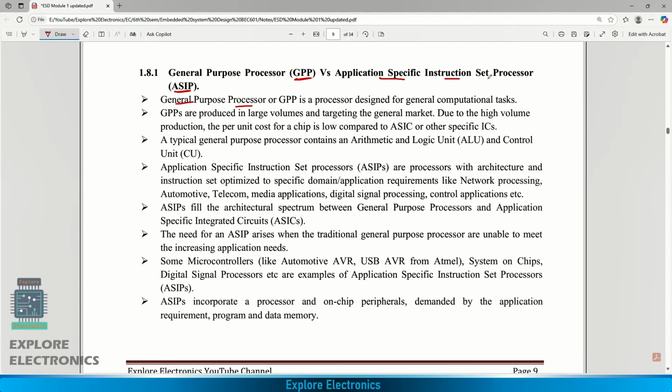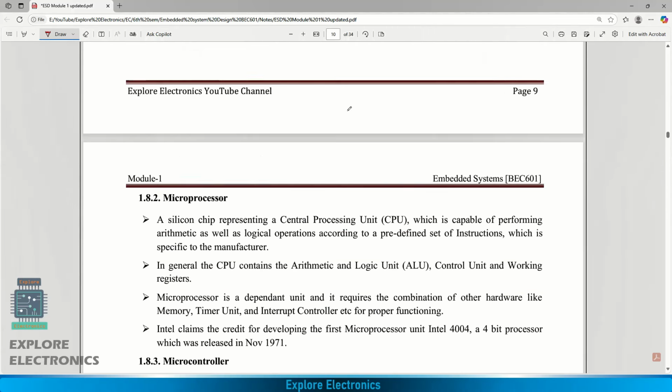Application specific, in the sense at the time of manufacturing that processor will be dedicated to certain functionality, that cannot be reprogrammed. Suppose we take the internet, so the network processing unit, router, all those are application specific. They can't be reprogrammed to do some other functionality. Some microcontrollers are also used as application specific. So let us move on.